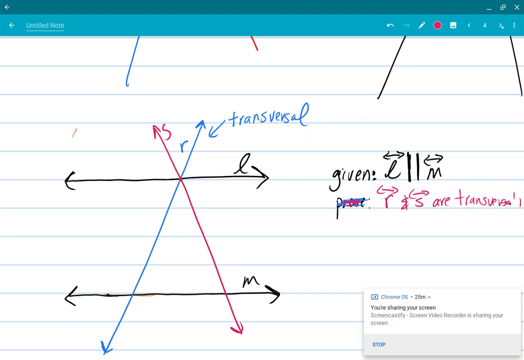By the way, if I say they were transversals, that would be given that the two were parallel. Prove that this angle, let's give it a number. Instead of 110, let's say 100-something. It's got to be more than 90, right?